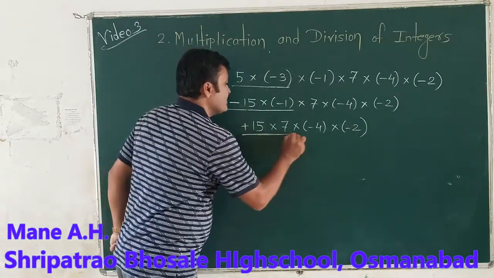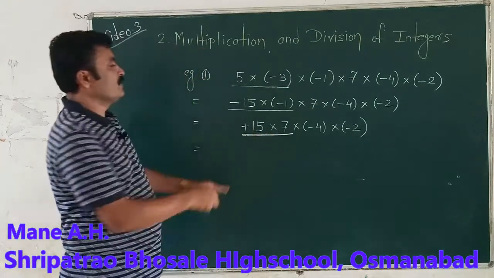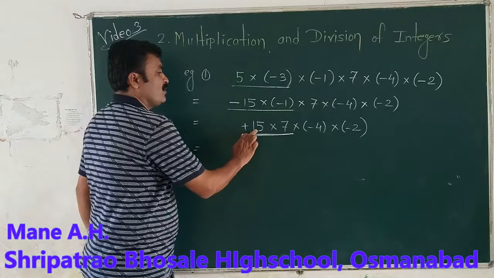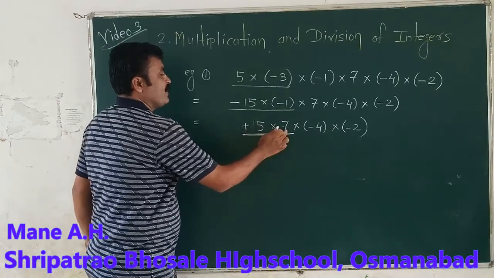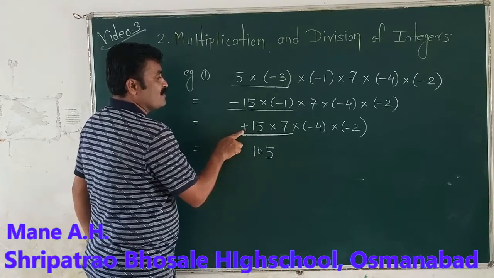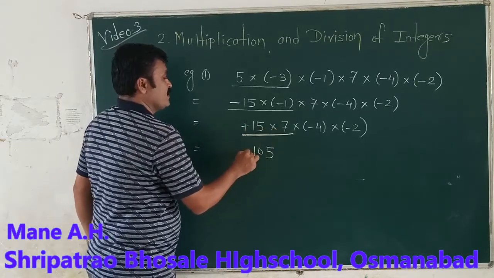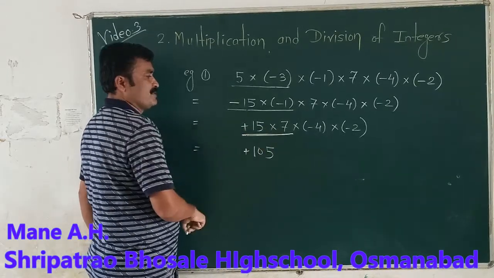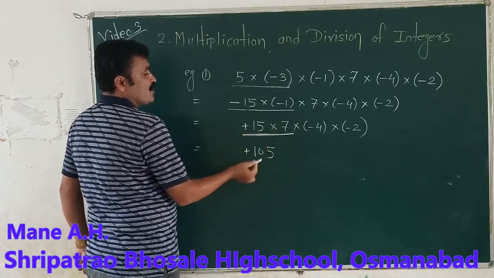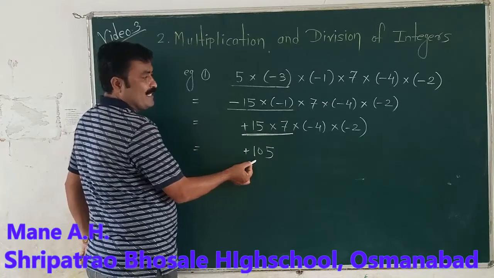So this is the third multiplication, between two positive integers. Product of their magnitudes, 15 sevens are 105. Thereafter the signs, plus into plus always gets plus. So the product of two positive integers is always a positive integer.